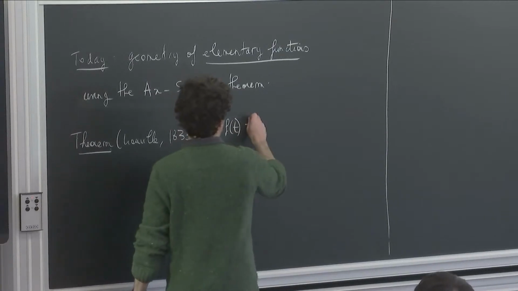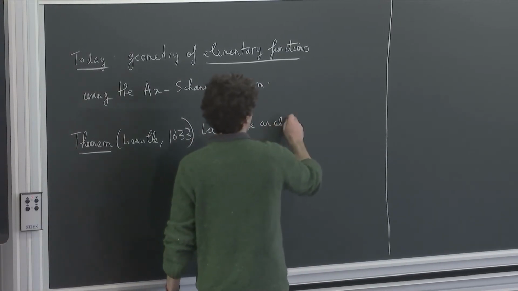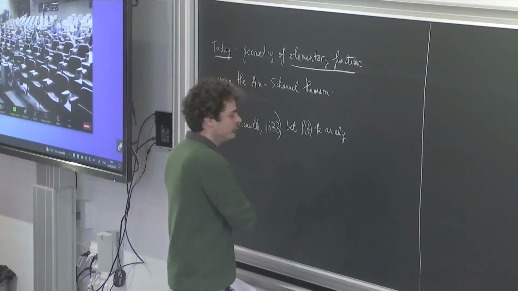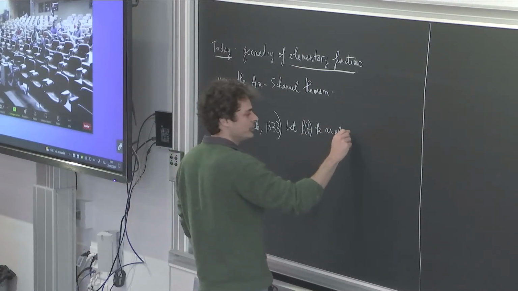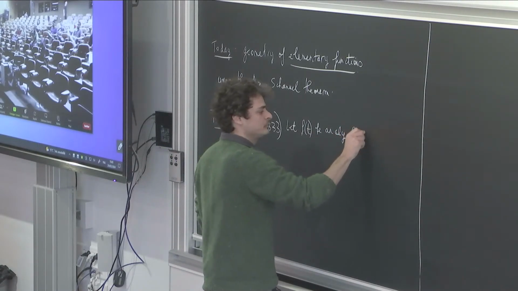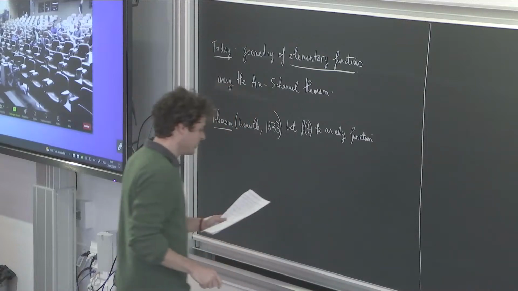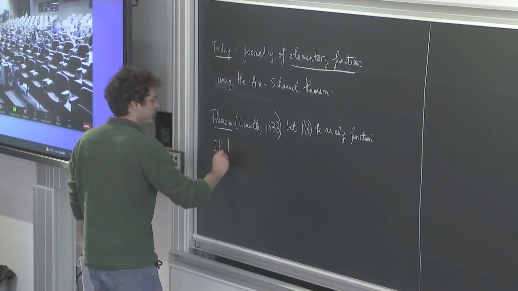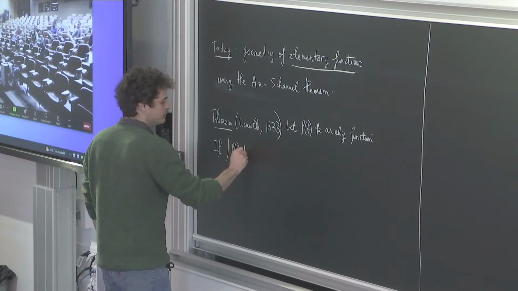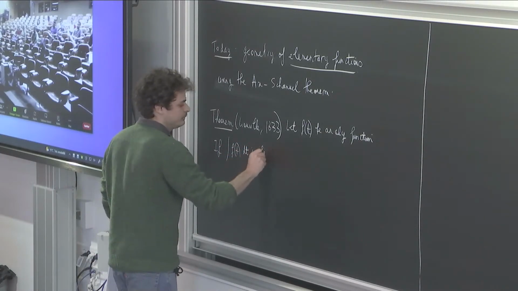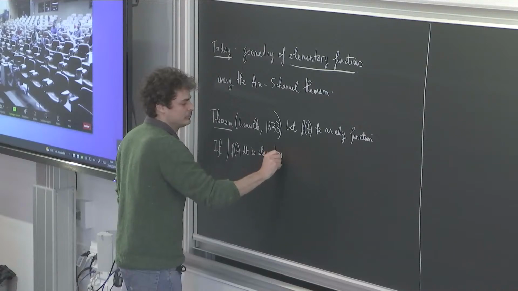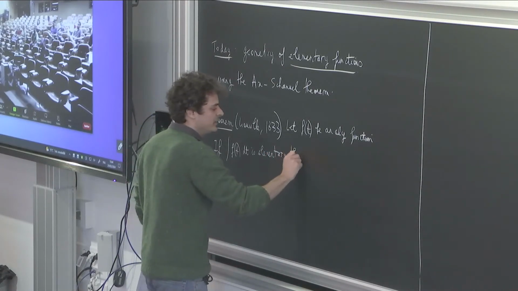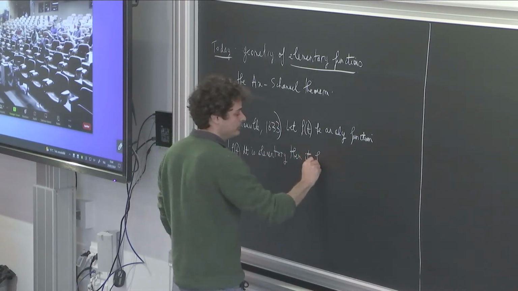If you take an algebraic function f, you could start with an elementary function and modify the conclusion a little bit. If the primitive, the integral of this function, is elementary, then it has a very specific form.